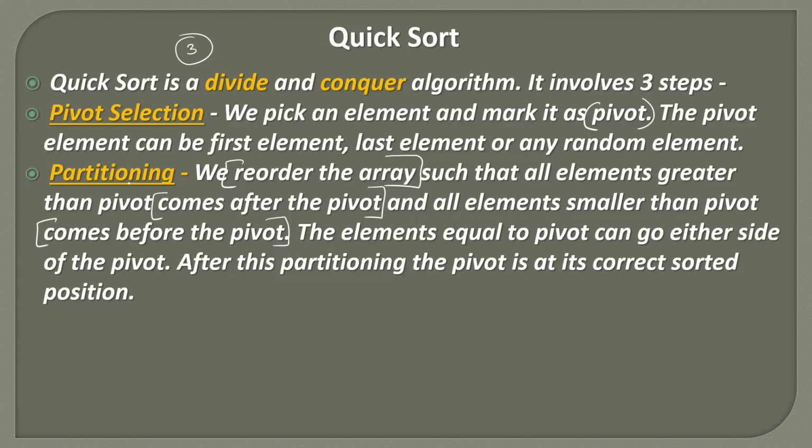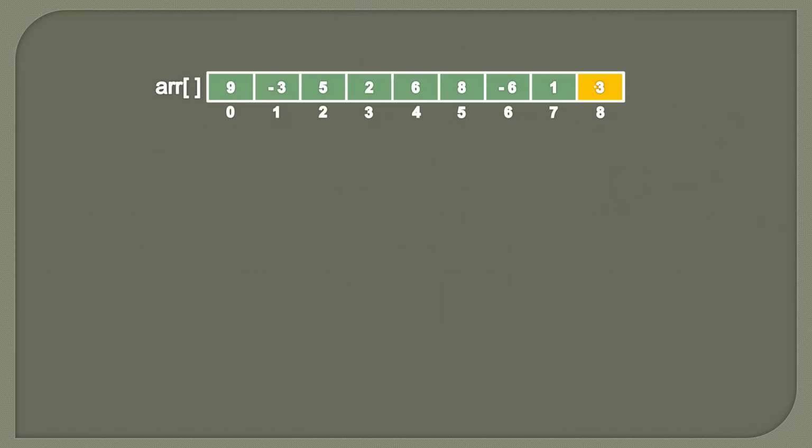Why we are doing this partitioning is, this is the important step. After we perform the partitioning, the pivot is actually at its correct sorted position. Now what it means is, let's say 3 is the pivot and these are the remaining elements.